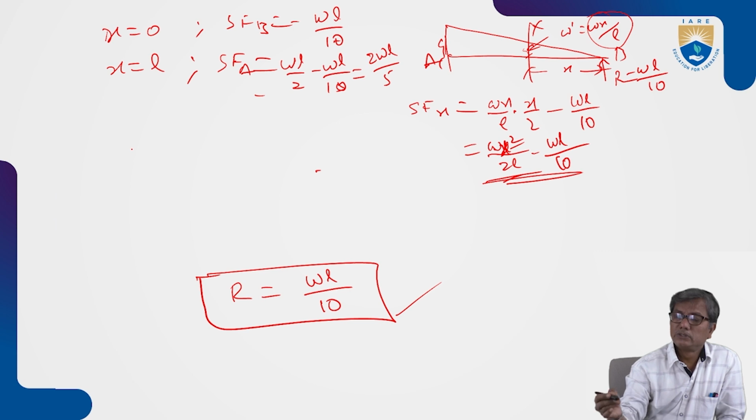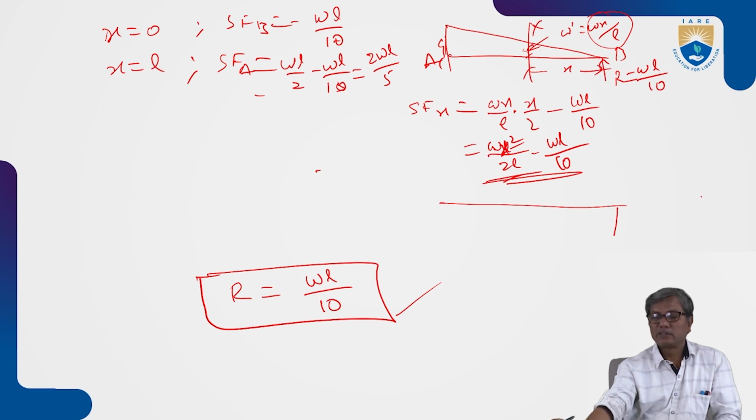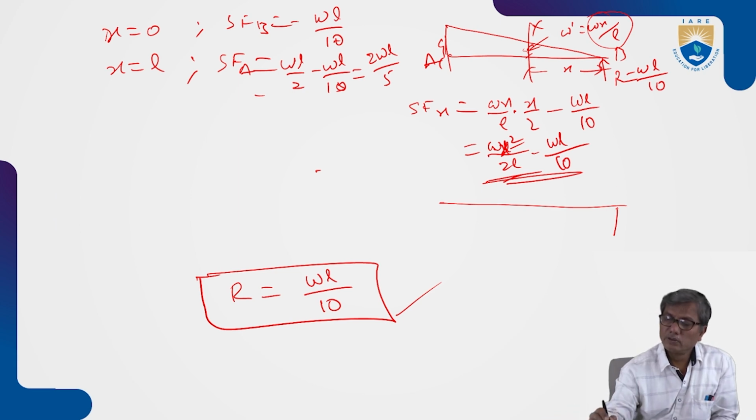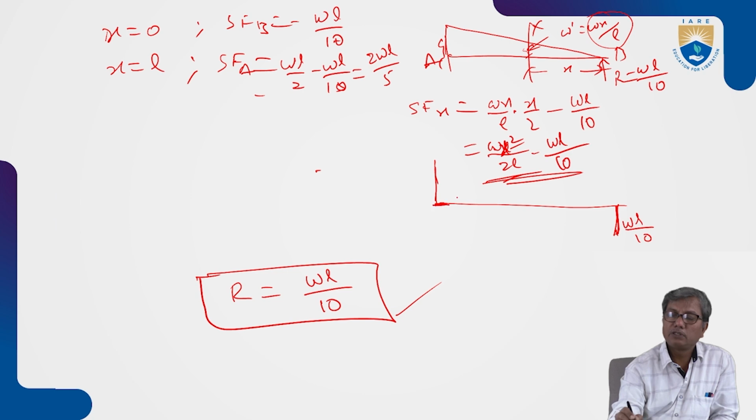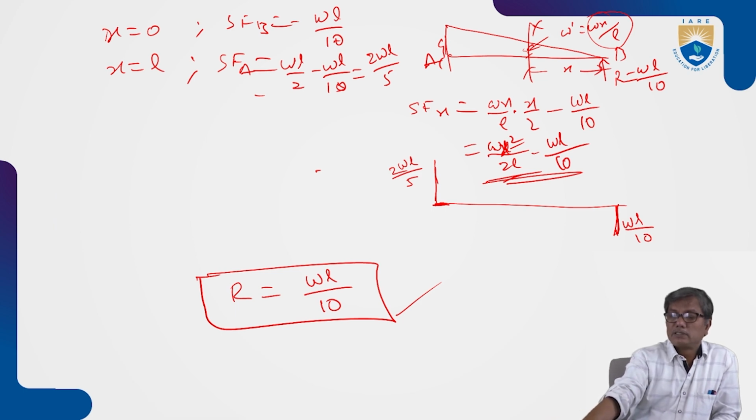Okay. So if you see the diagram now for this, minus WL by 10, and here it is plus 2WL by 5.